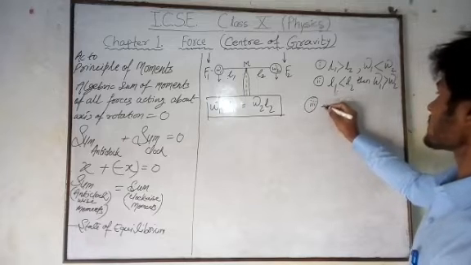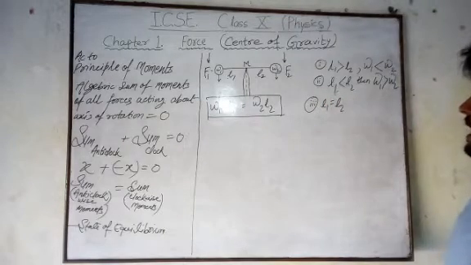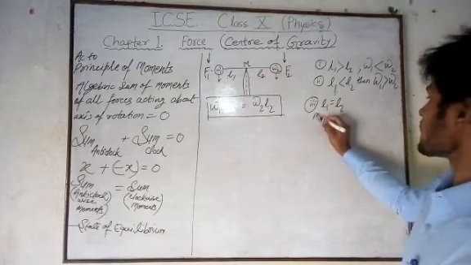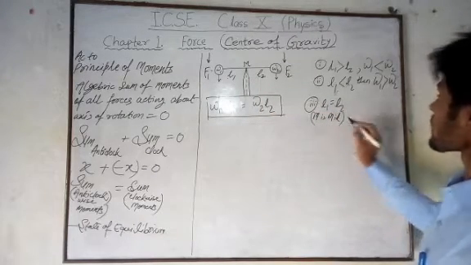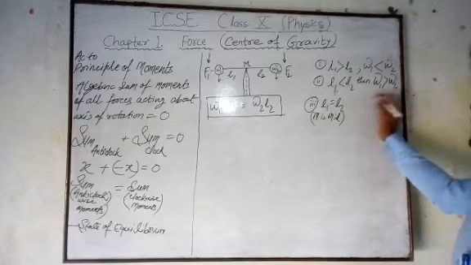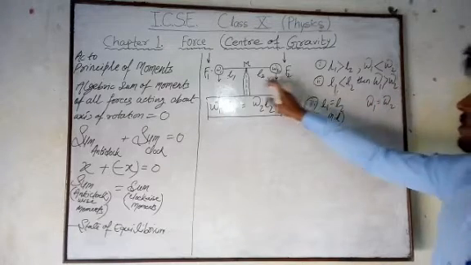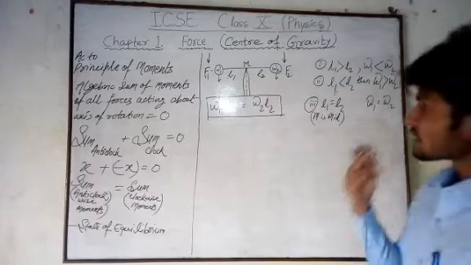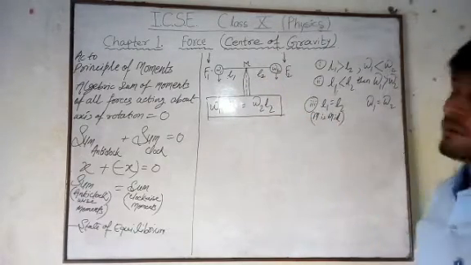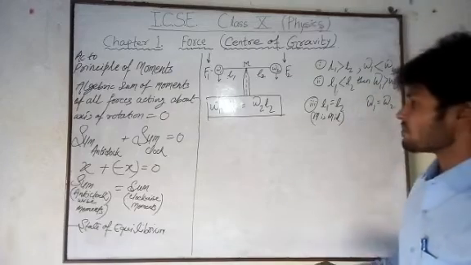That is, if L1 is equal to L2, that means M is the midpoint, then W1 should be equal to W2. That means the load on both sides will be equal in such a case if M is the midpoint. So these are the three conditions that will arise.